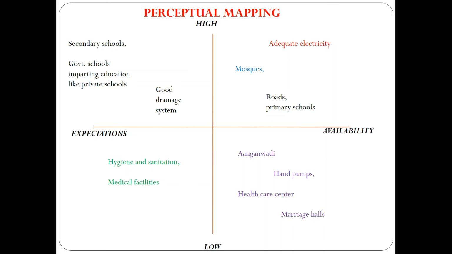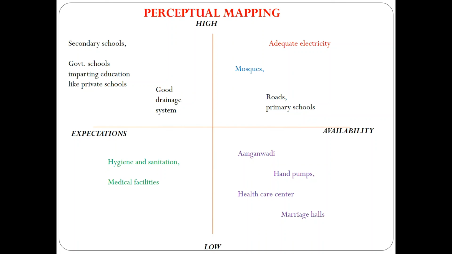Here you can see that education, electricity, mosque, roads, primary schools are available there, and this location is explaining their position of availability, and this is what is expected.